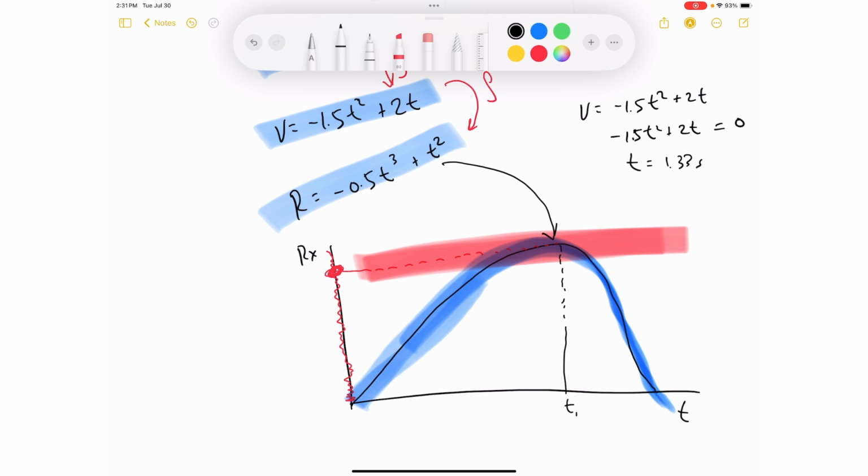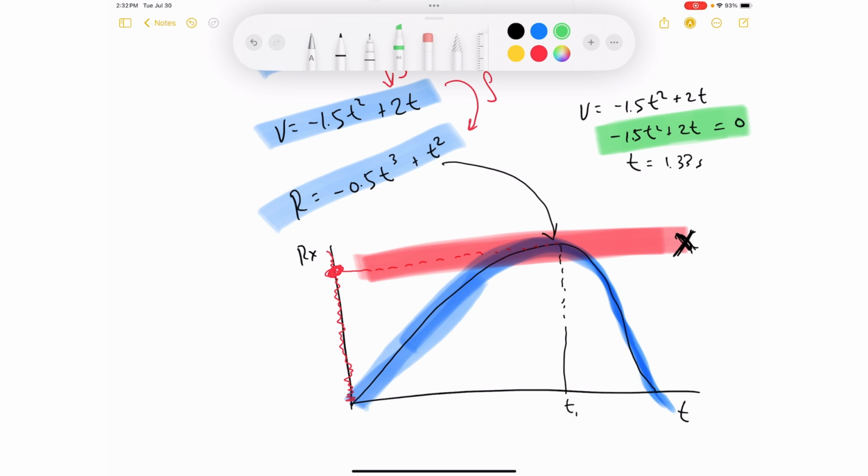What I did is I did this graph, but I don't know what this red line is. But I do know where it is in the velocity graph, because this is where the slope of negative 0.5 t cubed plus t squared is 0. That's its slope. So I set the velocity, negative 1.5 t squared plus 2t, equal to 0.